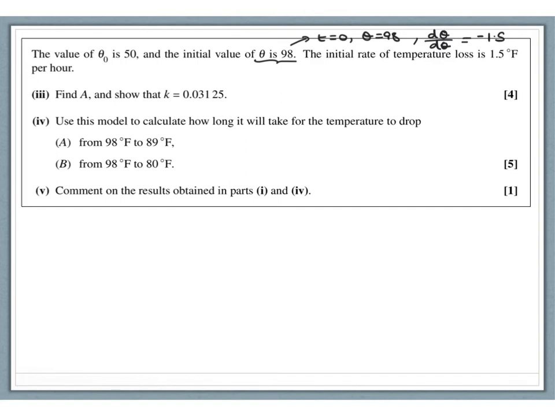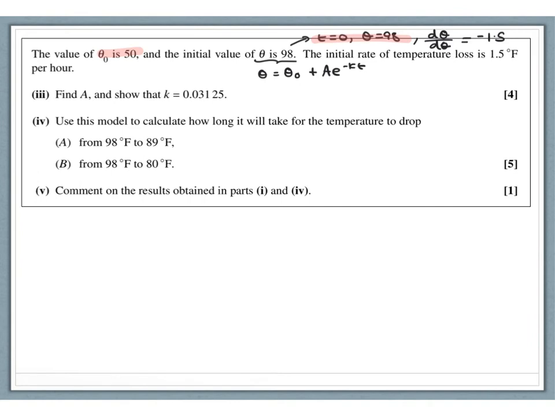So let's remind ourselves of the equation that we have, which tells us that theta equals theta 0, which we now know the value of, plus a e to the negative kt. Let's substitute in, first of all, this information and see what we can work out.